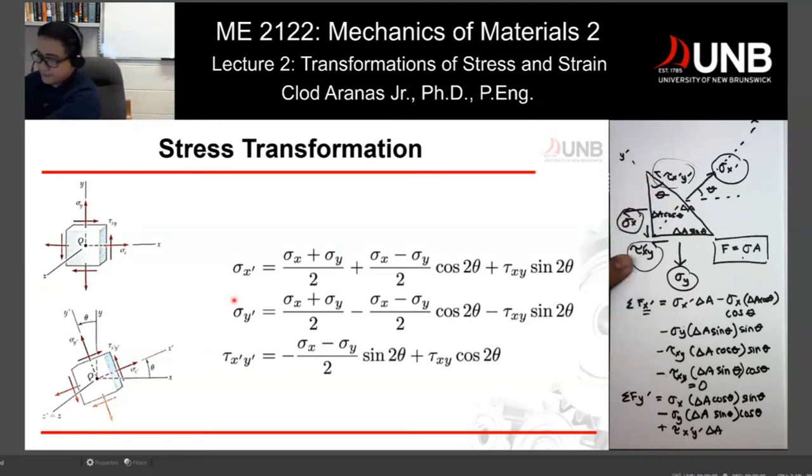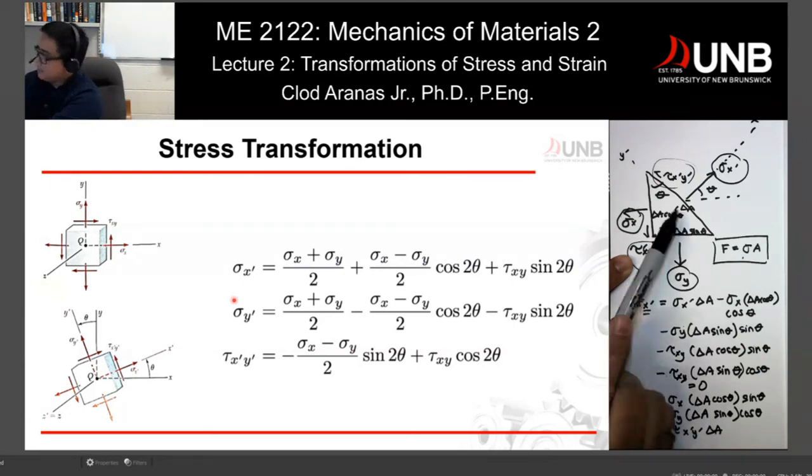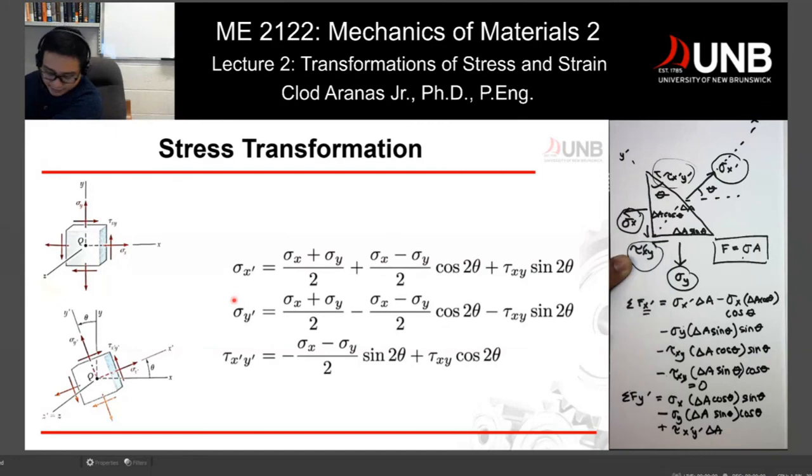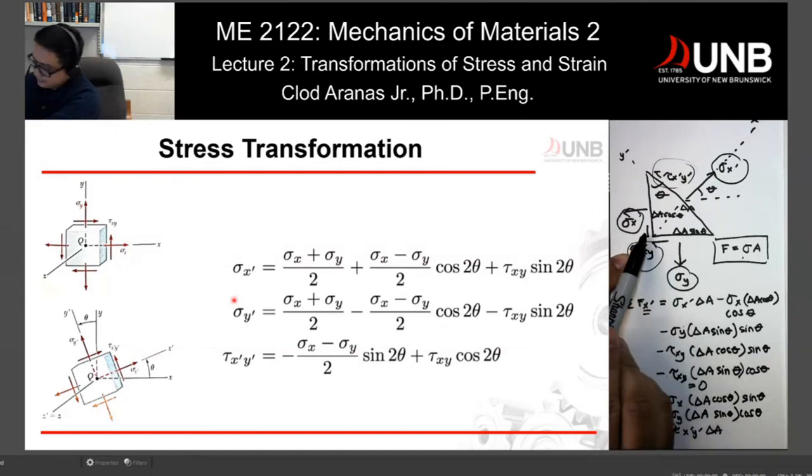And then we move on to our shear stresses. So we have two different shear stresses. One is in the positive direction, one is in the negative direction. So you can see this one is towards positive y prime, and this one is towards negative. So let's start with the negative one, which is this guy right here.